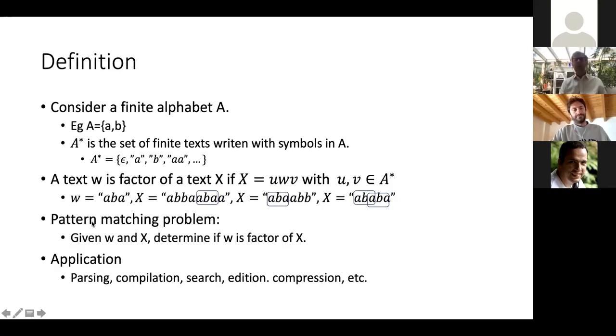Okay, so very quickly the definition, because I think it is something that everybody knows. We consider a finite alphabet, and we are looking on words, finite text written with this alphabet A. For example, it could be a binary alphabet, but it could be an alphabet of size 26 or 30, if you include all the letters in Latin plus the punctuation.